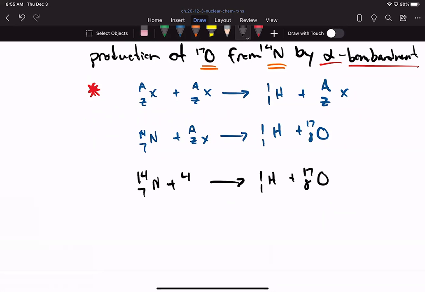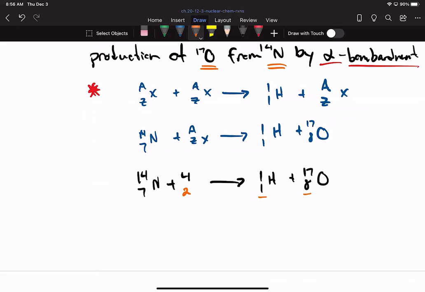Because 17 plus 1 is equal to 18, 14 plus 4 is equal to 18, so my masses are the same, right? These values down here also have to match. 9, so I can simply write a 2 over here.